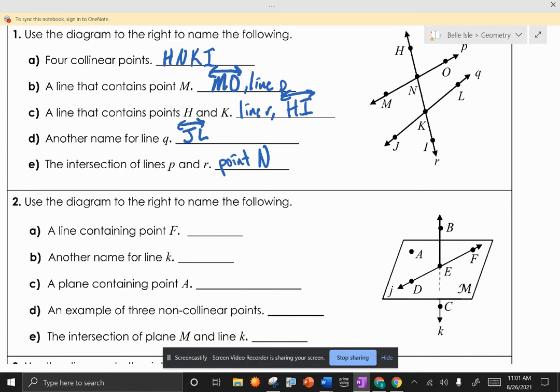I'll give you about a 30-second head start, and then I'll start putting them up there so you can check yourself. That is a good question. J is the name of the line.